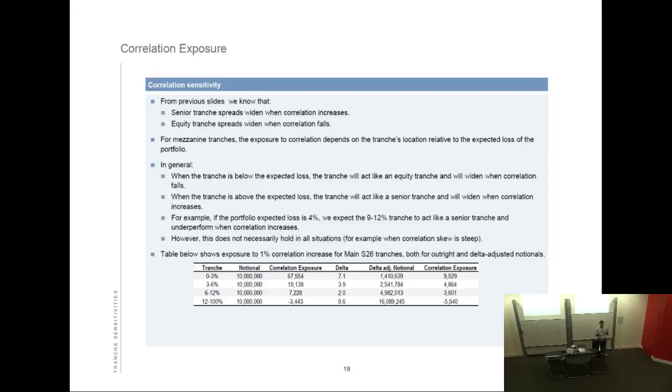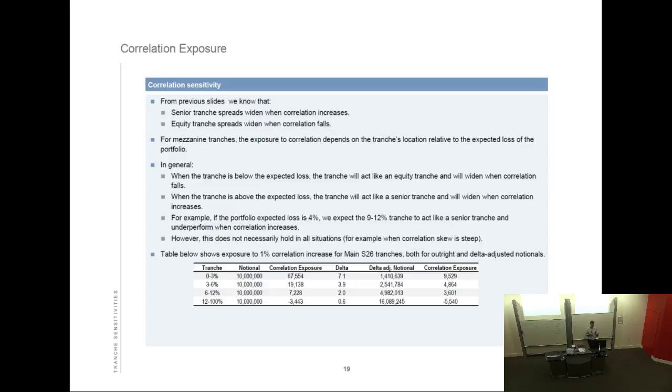In general, the exposure is actually fairly small in absolute terms, but it basically depends on whether your expected loss is above or below the attachment of your mezzanine to determine whether it behaves a bit more like a senior or a bit more like an equity tranche.